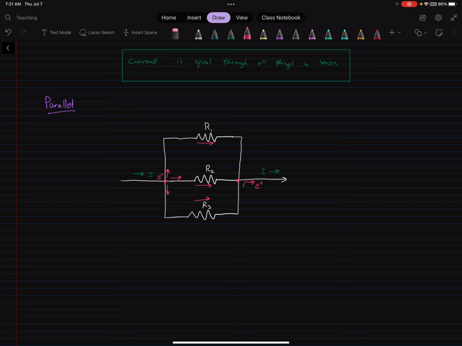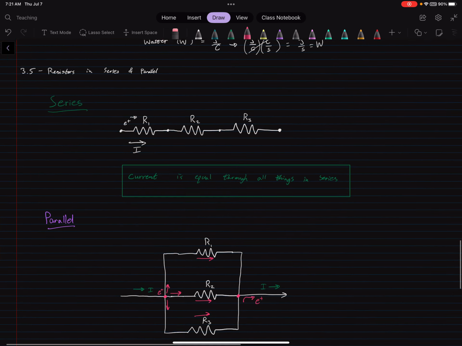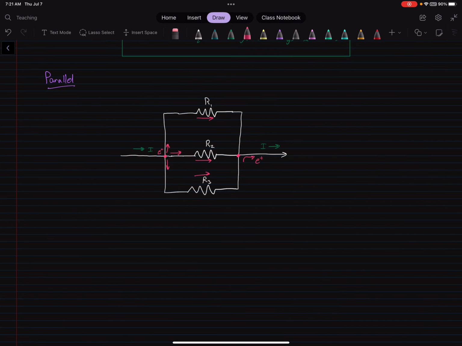So in this arrangement, we say that resistors R1, R2, and R3 are connected in parallel. And that's the name, right? They're in parallel to each other. They're running parallel to each other. I guess in this sense they're also kind of parallel, but they're parallel and next to each other.